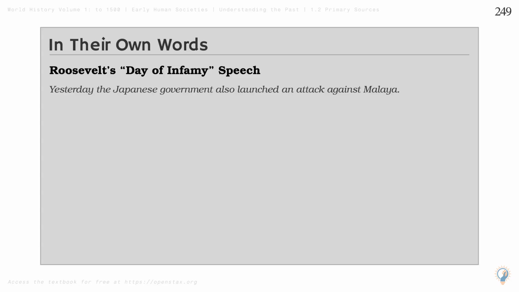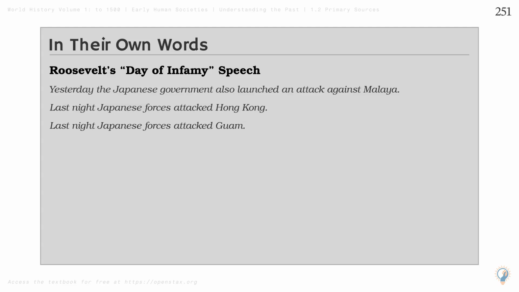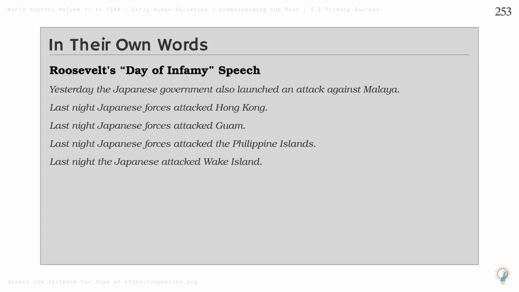Yesterday, the Japanese government also launched an attack against Malaya. Last night, Japanese forces attacked Hong Kong. Last night, Japanese forces attacked Guam. Last night, Japanese forces attacked the Philippine Islands. Last night, the Japanese attacked Wake Island.